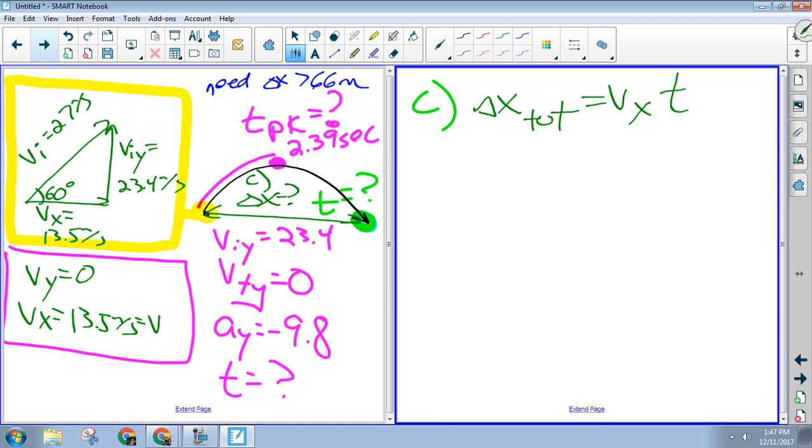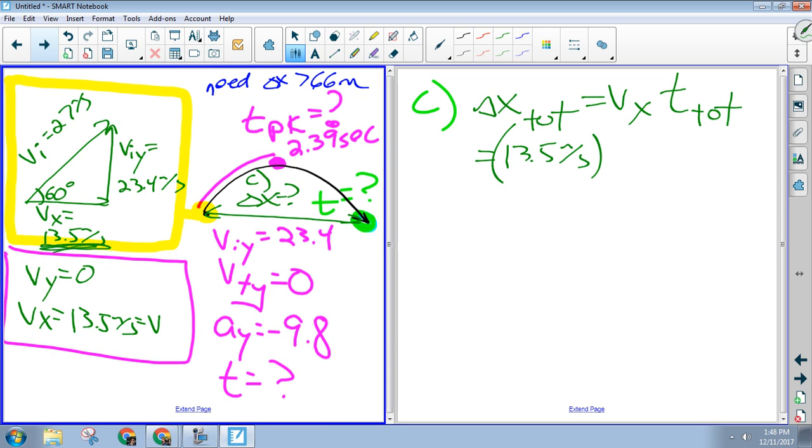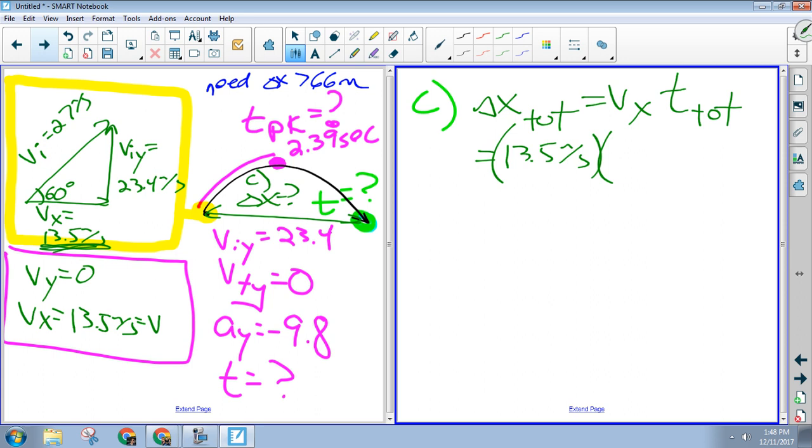Which time, you guys? Total, right? If I want to find out how far they go while they're in the air, I'm going to multiply by the time they're in the air. So the Vx is 13.5 meters a second, right? That's how fast they're going horizontally. And they're in the air for, what did we say? 2.39 times 2. Oh, I never wrote it down. What is it? 4.78?